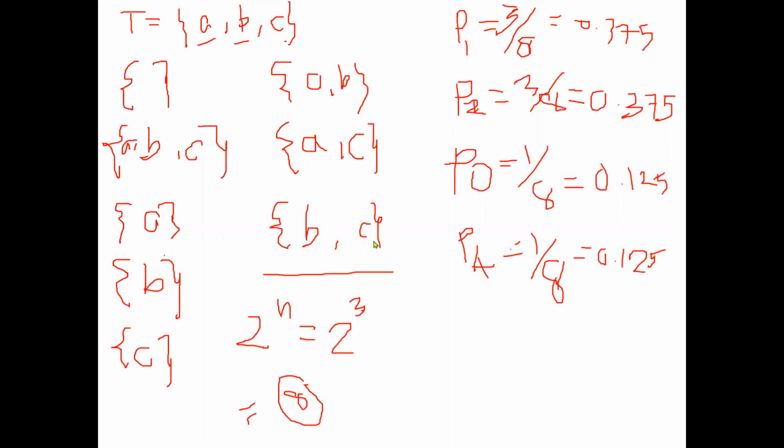Ano yung probability na sa mga darating, walang isa lang? Ano yung sagot? 5/8 po. 5/8. It is because 1 minus, di ba nung tinanong ko, ano yung probability na isa lang ang darating? 3/8. Eh di 1 minus 3/8.